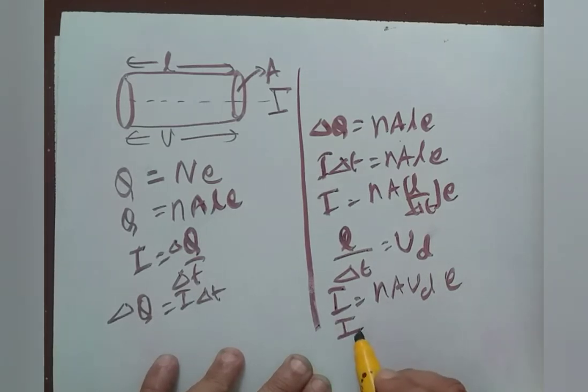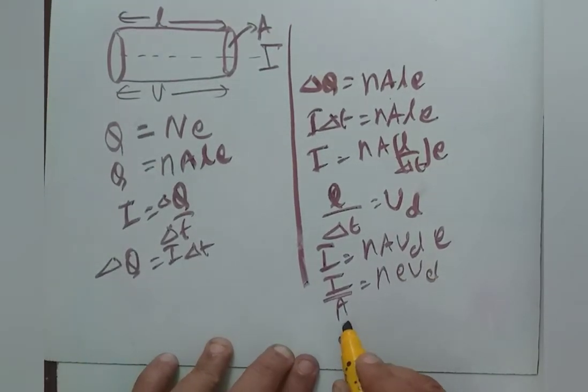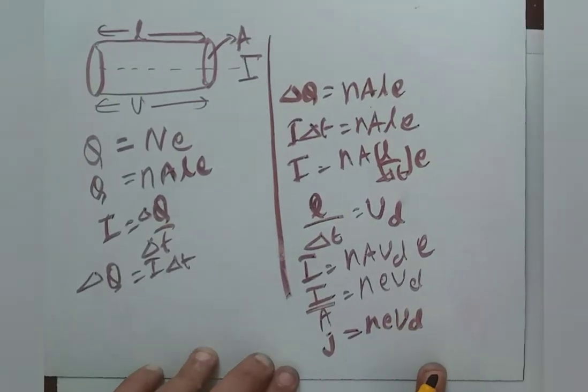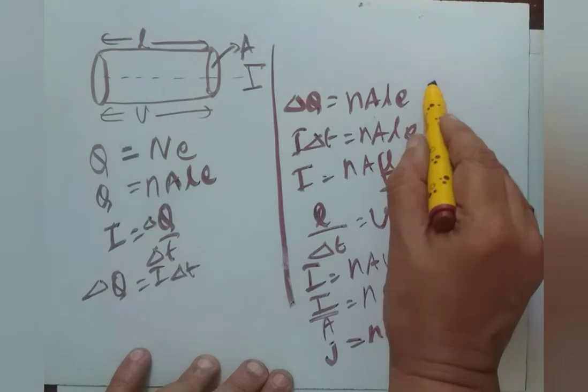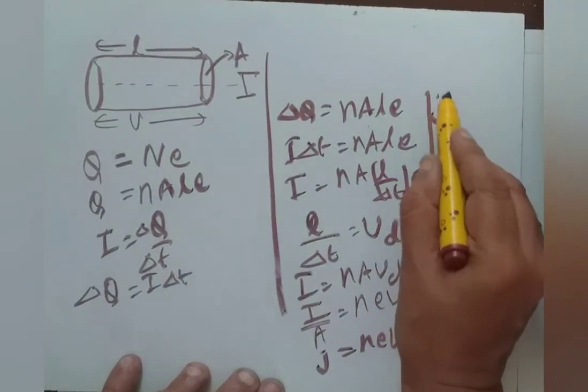But taking A onto this side, we will have N e Vd, and I by A, as you know, is current density. So once we know the current density, we substitute for Vd to get the final expression for current density.